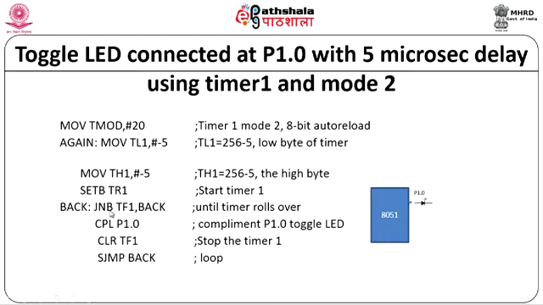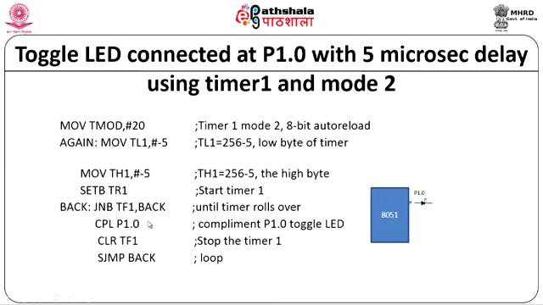Again the TF is cleared, and it comes over here, because once we have started the timer it will run till we clear it. Again it waits for the 5 microsecond delay, then changes the value of the LED, maybe to 0. Once this is over, it clears and comes back to wait another 5 microseconds, then goes to 1.